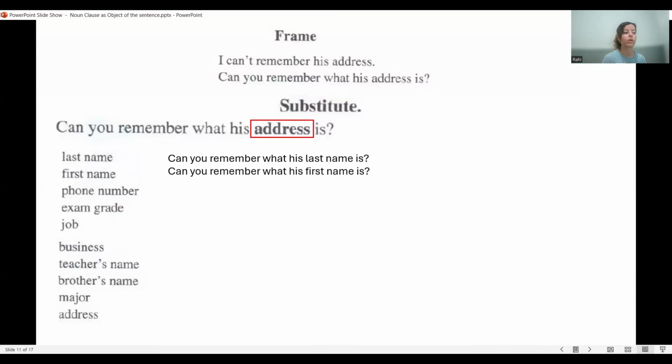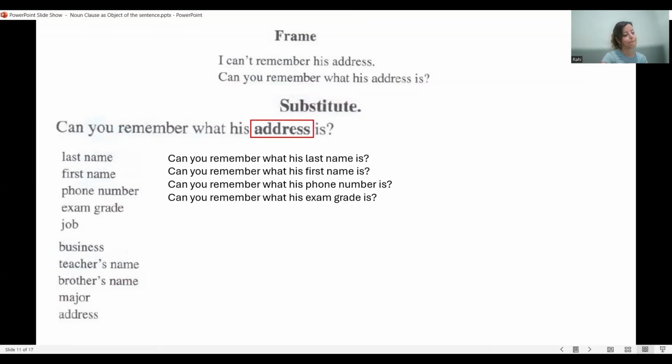Can you remember what his first name is? Phone number. Can you remember what his phone number is? Exam grade. Can you remember what his exam grade is?